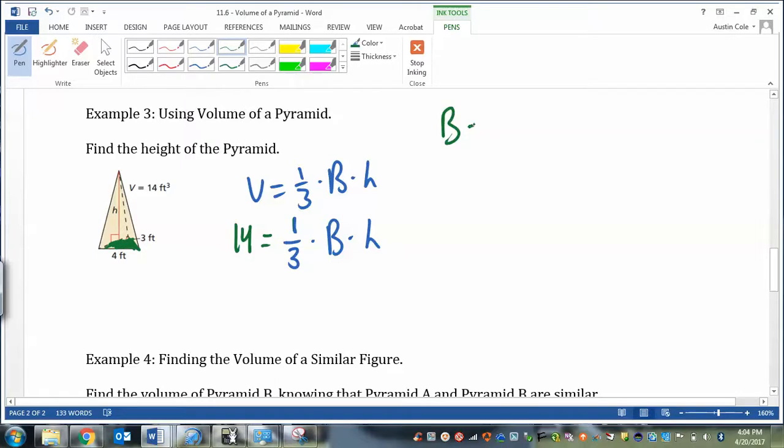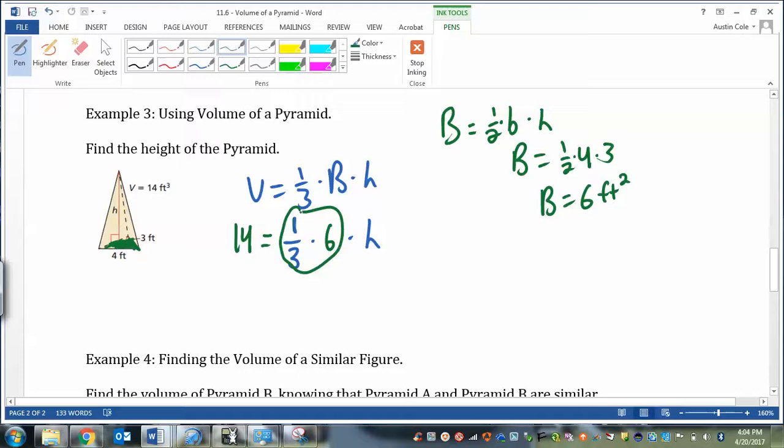Whenever we have a triangle, we're going to have 1/2 length of base times height of base. So big B is going to be 1/2 of 4 times 3. Big B is going to be 6 feet squared. So we can take out B, plug in 6. 1/3 of 6 is 2, right? 6 divided by 3.